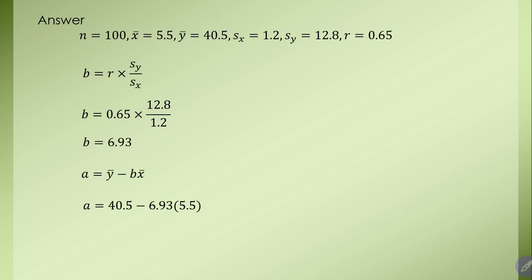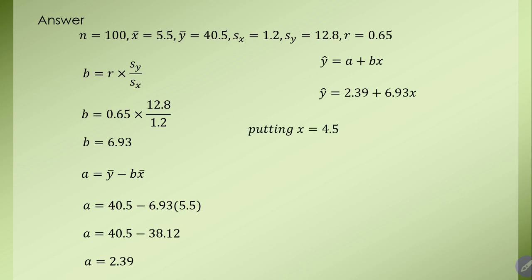If you multiply 6.93 and 5.5, you will get 38.12, and 40.5 minus 38.12 is 2.39. So that was a. So y cap is equal to a plus bx. Y cap is equal to 2.39 plus 6.93 into x.